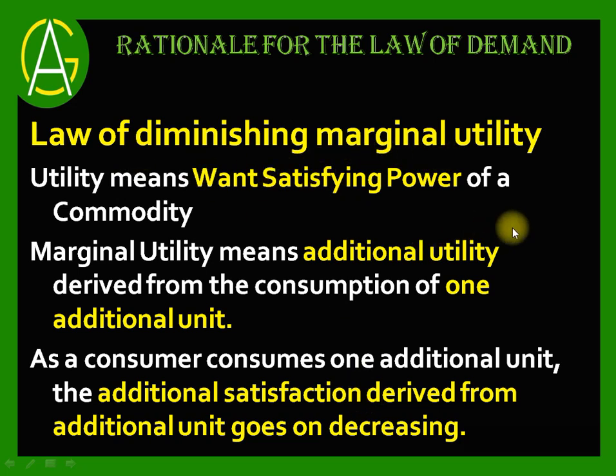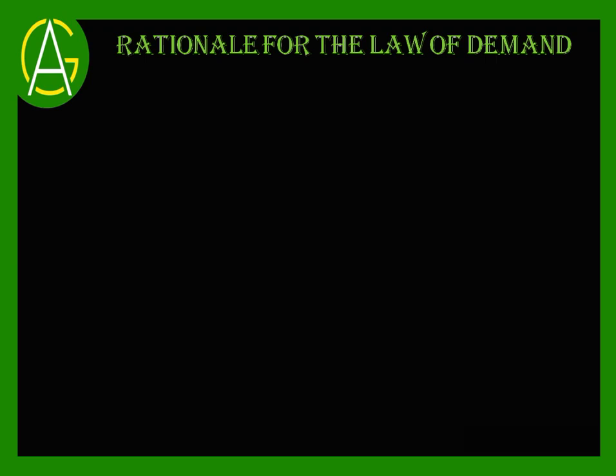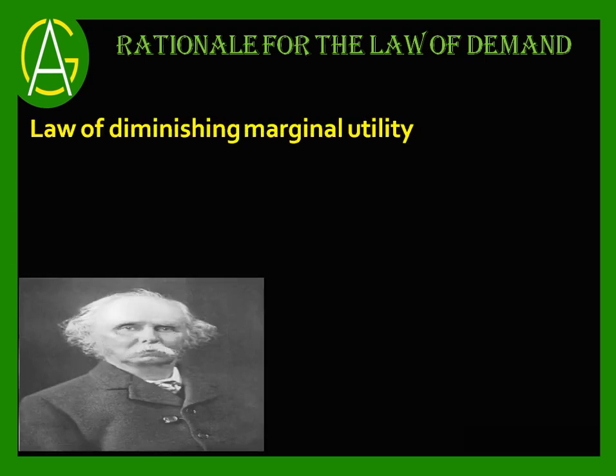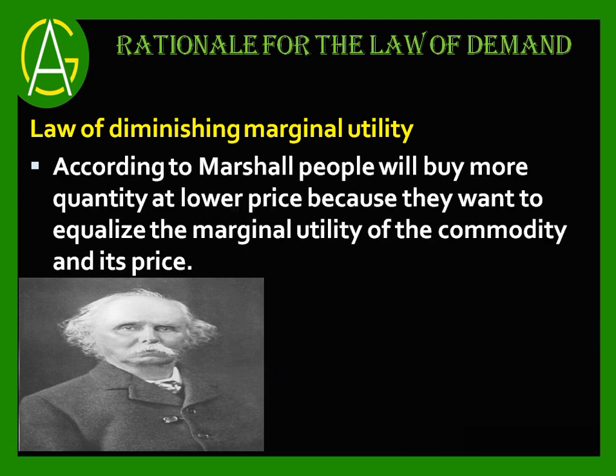Now let us learn how this law of diminishing marginal utility affects the law of demand. This was given by Alfred Marshall. According to Alfred Marshall, people will buy more quantity at the lower price because they want to equalize the marginal utility of the commodity and its price.